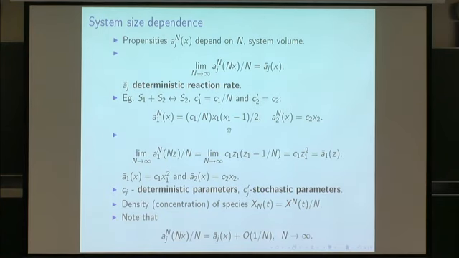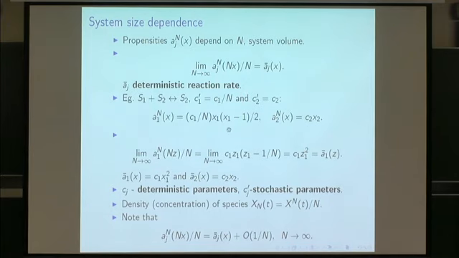Okay, so we realized the answer is in system size dependence, which is the classical scaling that Tom talked about. So n is interpreted as a system volume, so the propensities depend on the state and the volume n in such a way that this limit exists, and that limit is the deterministic reaction rate.